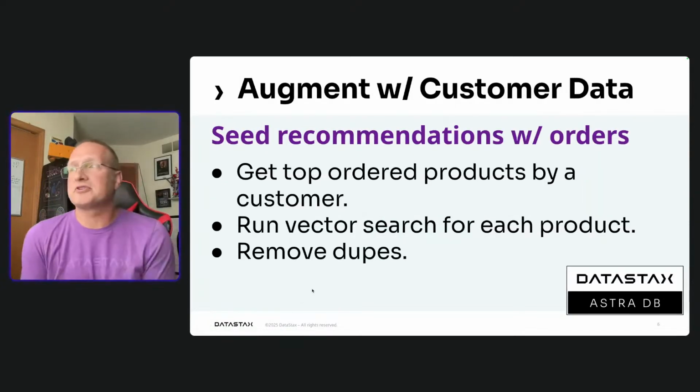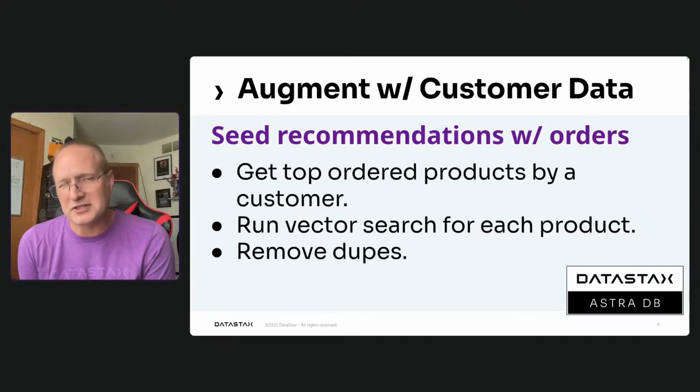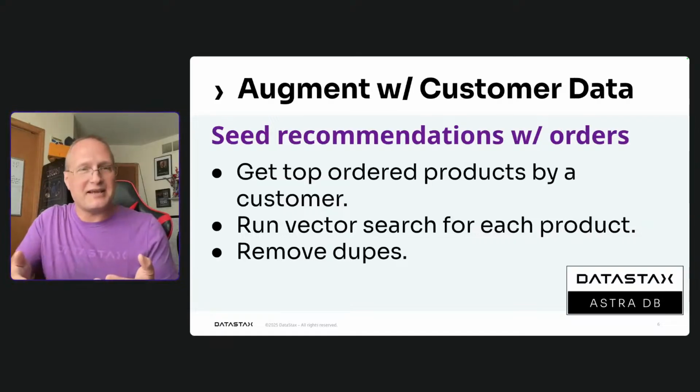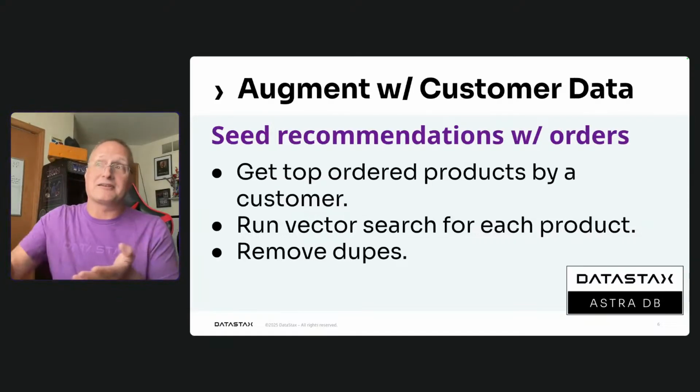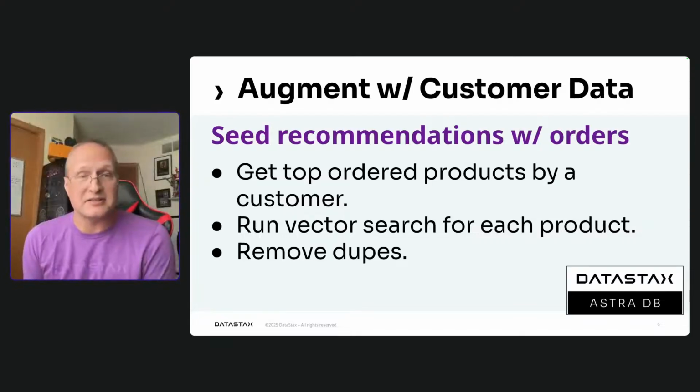The second approach that we're going to see is how to make those more personable, because you can take products that you have and say, hey, this product is similar, but that may or may not be relevant to whichever customer happens to be navigating on your site at the time.